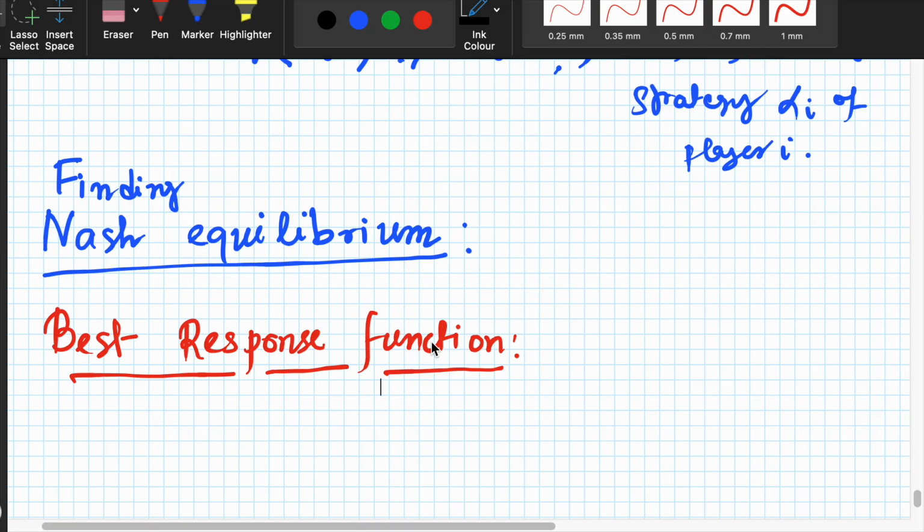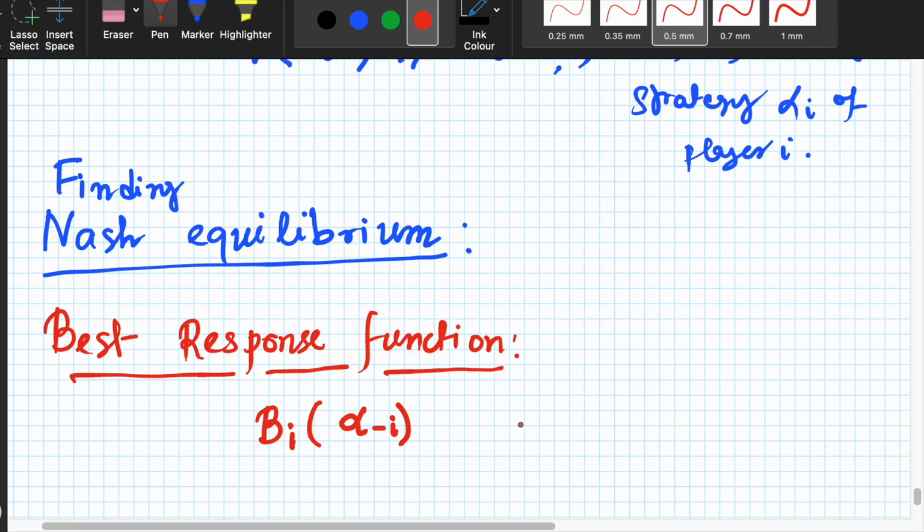The best response function will be denoted by B_i, for player i in a strategic game with ordinal preferences. What is the best response of player i when the other players are adopting a strategy prescribed by the action profile alpha_minus_i?